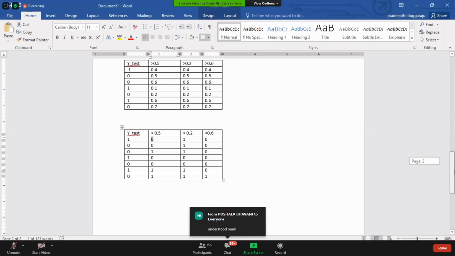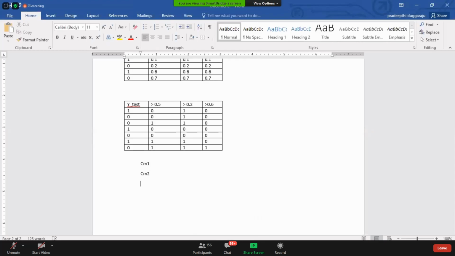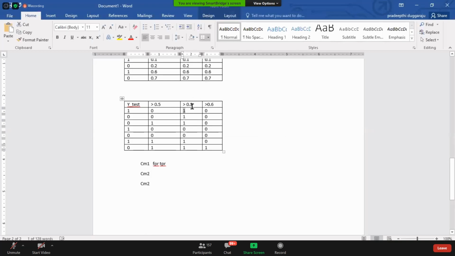Now, what is the next step? Calculate the CM. Confusion matrix 1, confusion matrix 2, confusion matrix 3. So confusion matrix 1 is between threshold 0.5 and y test. Here you will get one FPR and TPR. CM2 is the confusion matrix between threshold 0.2 and y test.